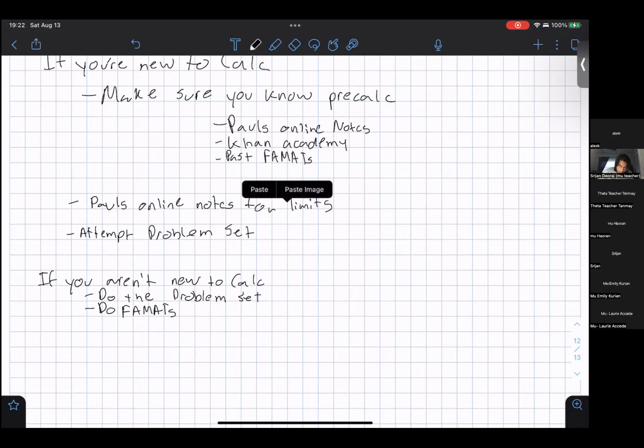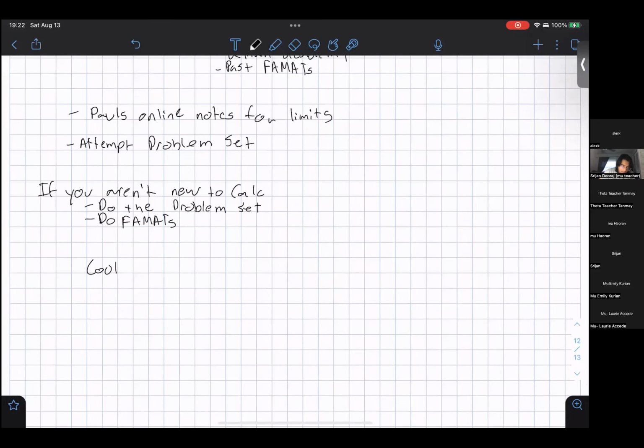Also some cool non-FAMAT limit stuff. Paul's online notes for limits in 3D.